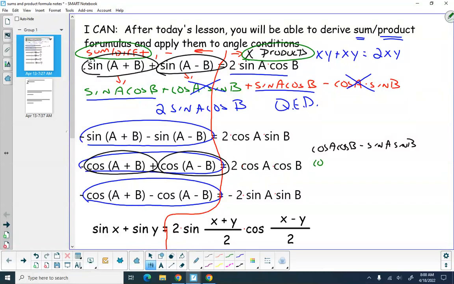So we have cosine a cosine b plus sine a sine b. When I add these together, these 2 cancel out. These 2 combine together. And that will be true for each one of these identities.